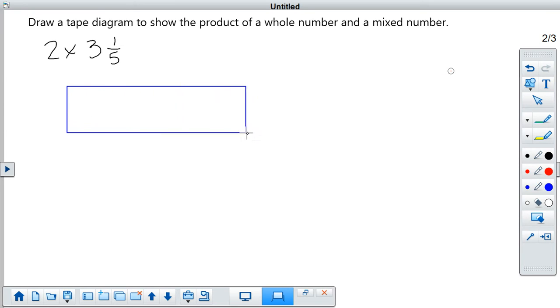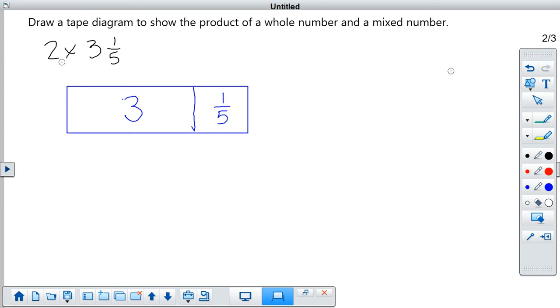So I'm going to just draw a box here and I will split it into those two parts. Now you'll notice one of these parts is a lot bigger than the other. That's meant to be my whole number. And then here is my fraction. So we have our whole number 3 and our fraction 1/5.